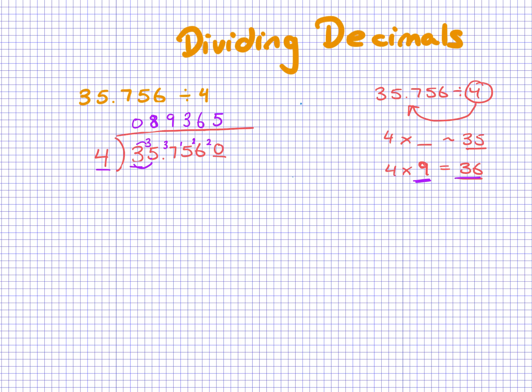So this one, just like some of the addition and subtraction problems, we can put the decimal point above where it was in the dividend. So the answer is 8.9365. And that is approximately what we thought it was going to be. We thought it was going to be around 9, and it's 8.9 because 35 is just below 36, and 8.9 is just below 9.